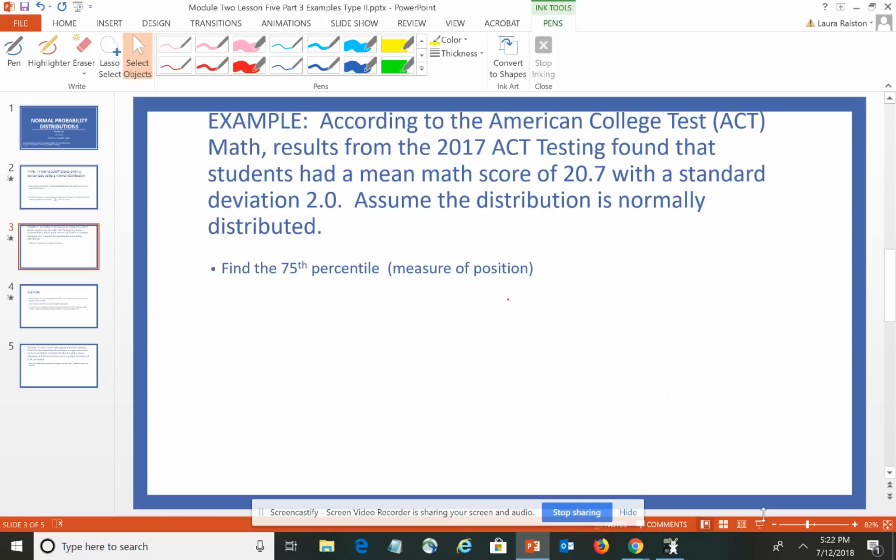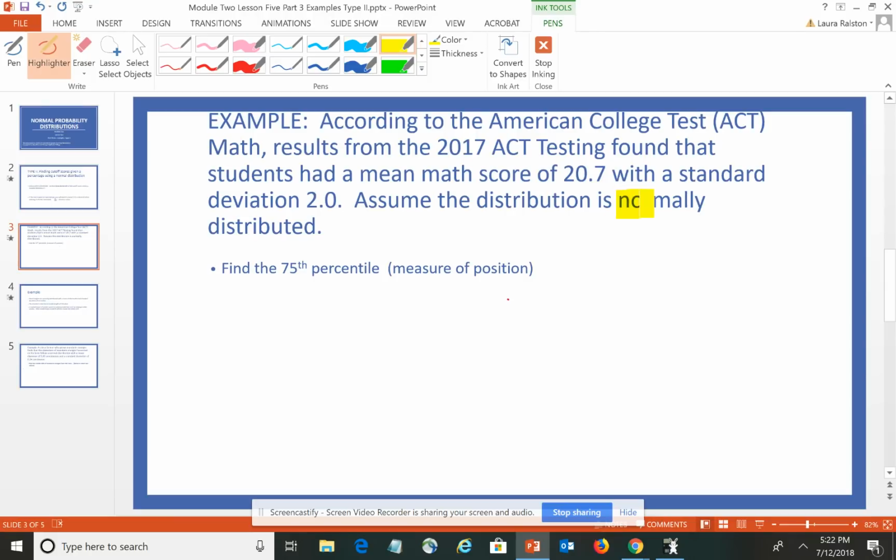So let's revisit an example that we've been looking at already today. According to the ACT, American College Test Math, results from the 2017 ACT testing found that the students had a mean math score of 20.7 with a standard deviation of 2.0, and assume the distribution is normally distributed.